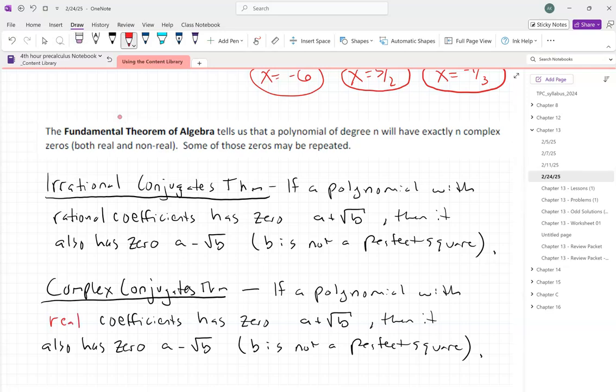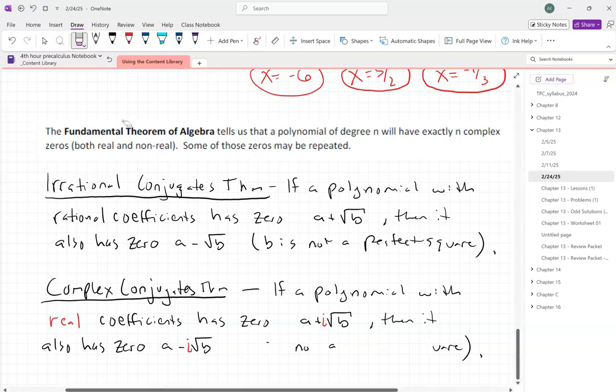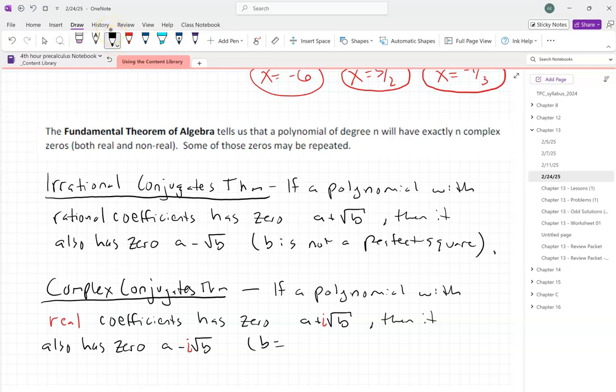And this should be a plus bi and a minus bi. Well, I guess I should say b is non-zero, right? Because if b is 0, then that's not an imaginary solution.